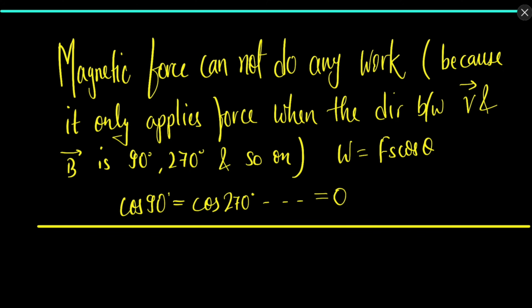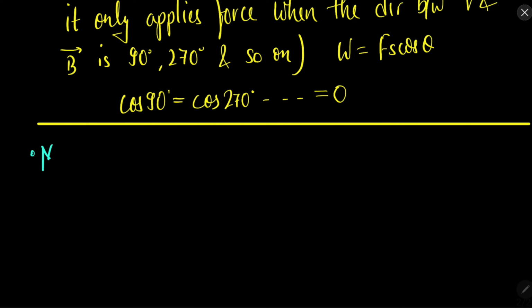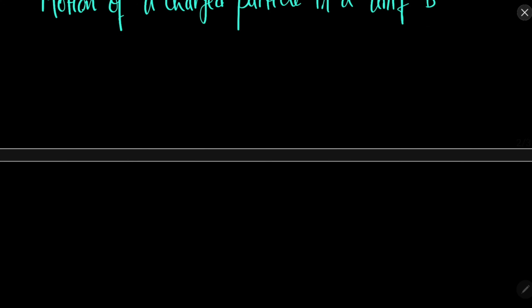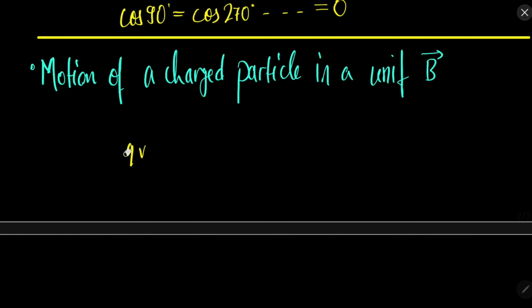So now let's discuss the motion of a charged particle in a uniform magnetic field B. Let's say the magnetic field is like this.